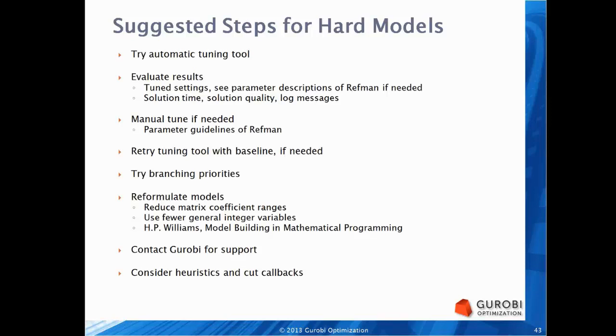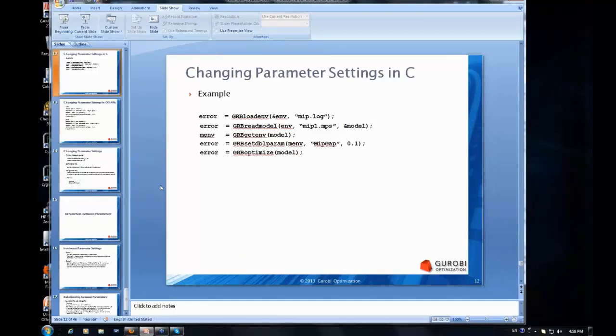And you may want to look at a book like H.P. Williams, Model Building in Mathematical Programming. And if you still have issues, feel free to contact us for support. And if still hard, you may consider heuristic and cut callbacks. Any questions?